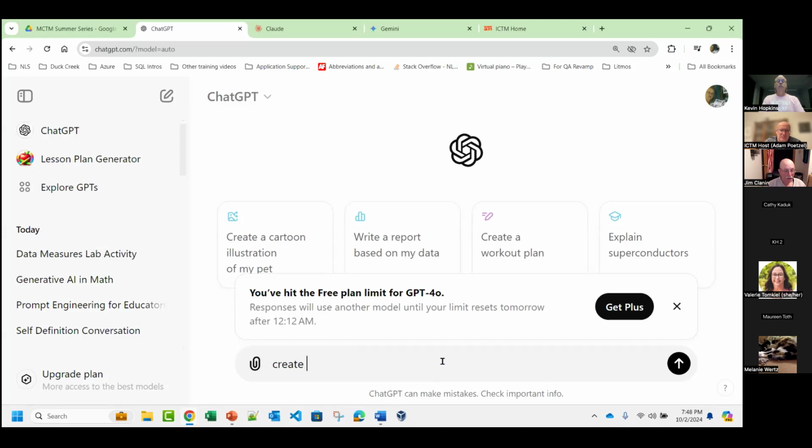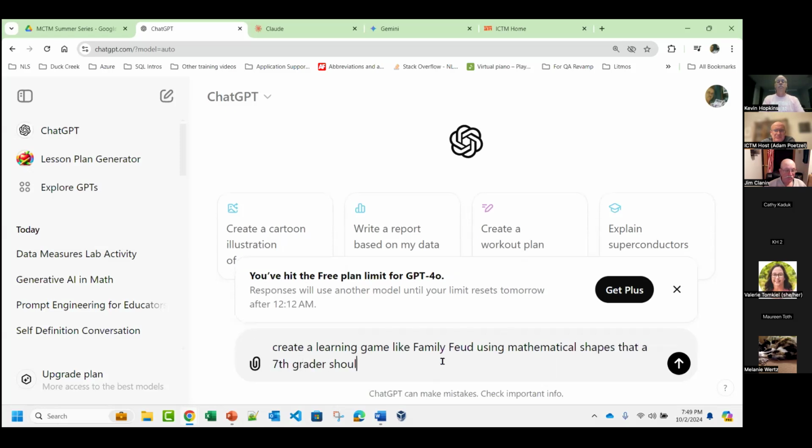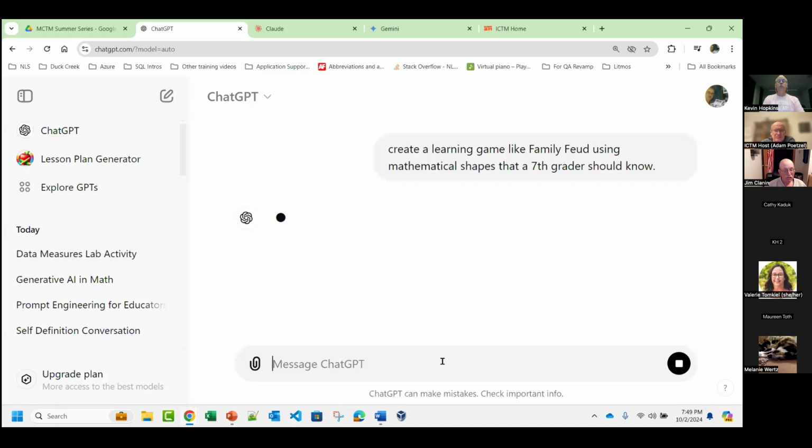So create a learning game like Family Feud using mathematical shapes that a 7th grader should know.